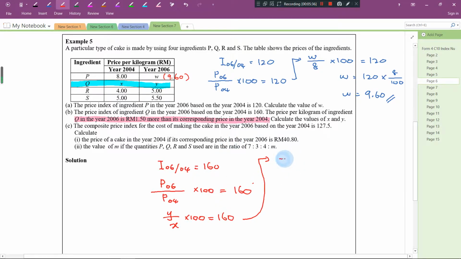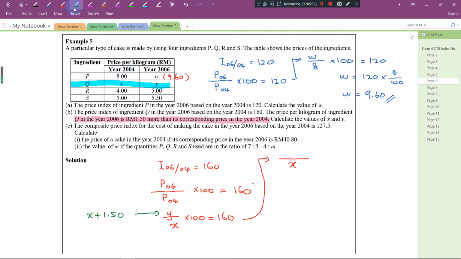It means that 2004 is equal to X. This Y is actually more than X by 1 ringgit and 50 cents. It means that Y is equal to X plus 1.5.